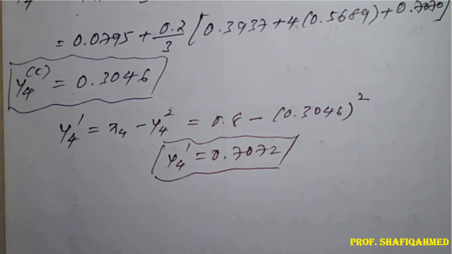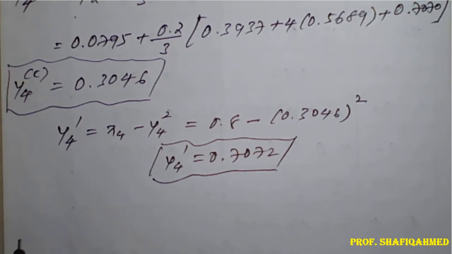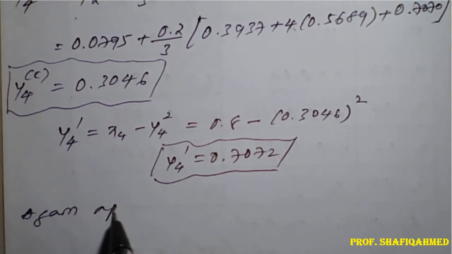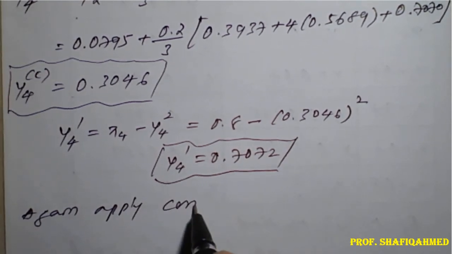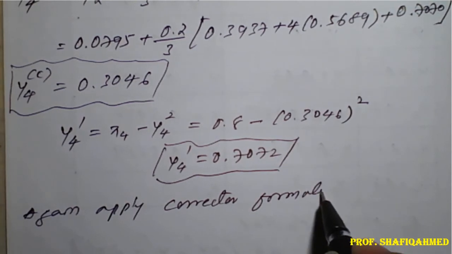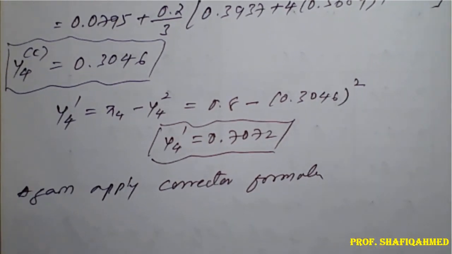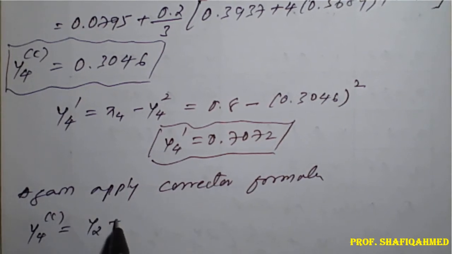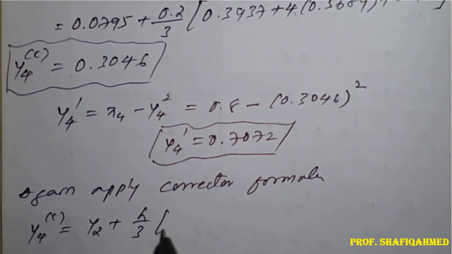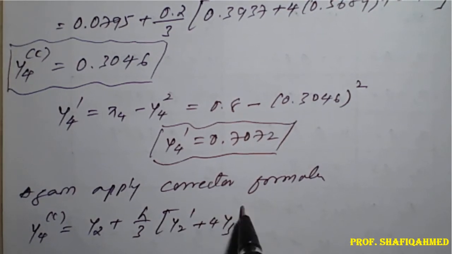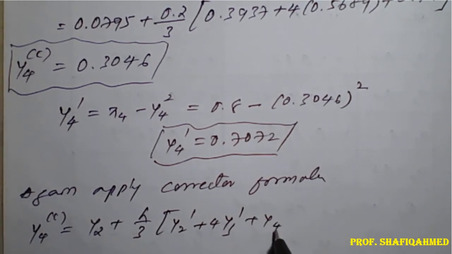Again apply the corrector formula. The corrector formula is y4 of c equal to y2 plus h by 3 into y2 dash plus 4 times y3 dash plus y4 dash.